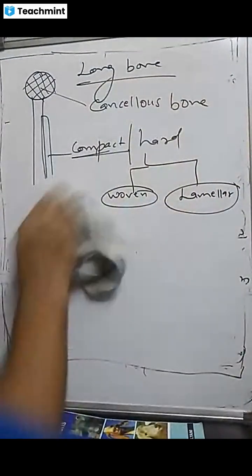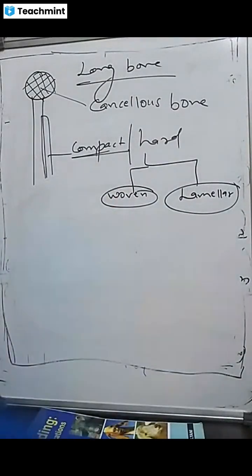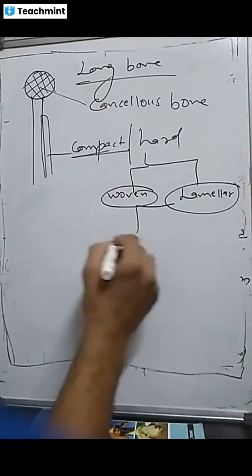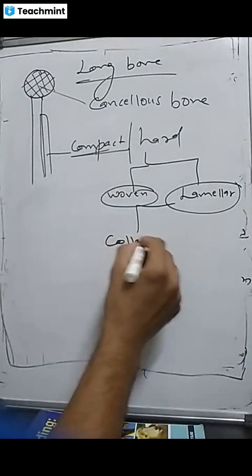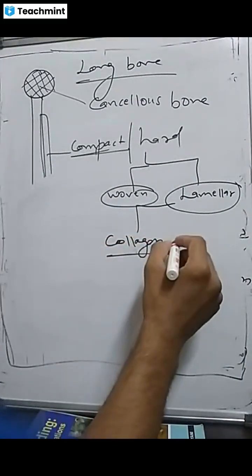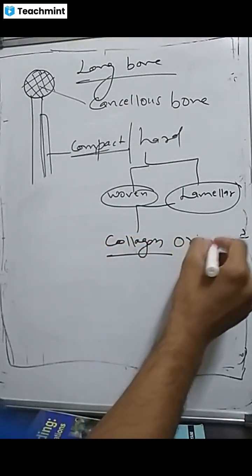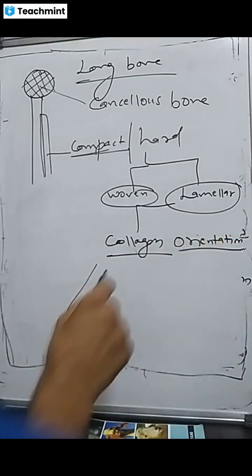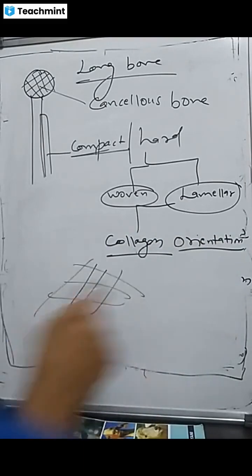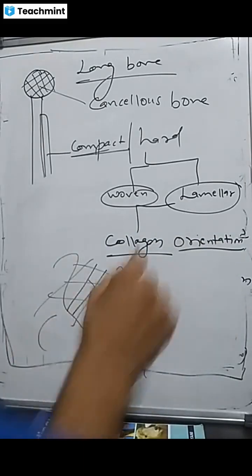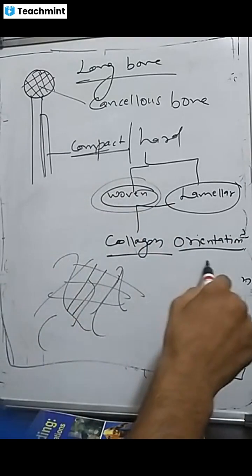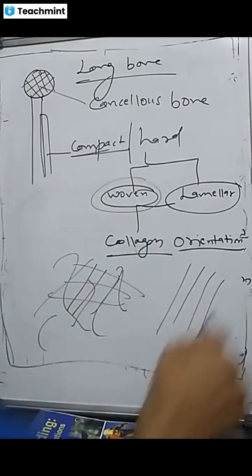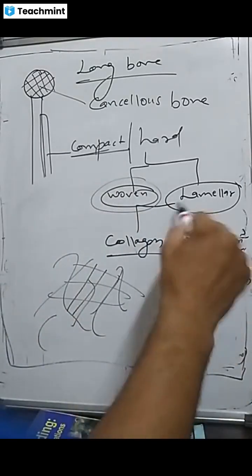These two terminologies are based on the collagen orientation, how the collagen fibers are oriented and organized. If they are arranged somehow, anywhere, that is the woven bone. If in a particular direction, then lamellar bone.